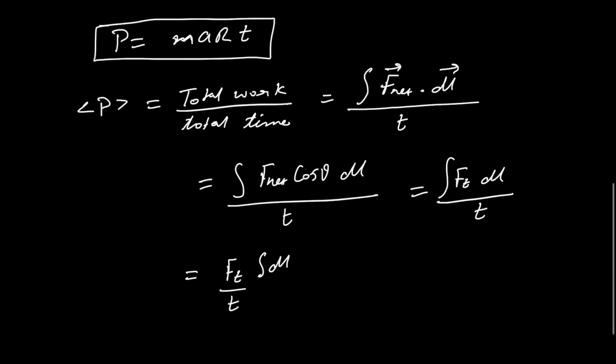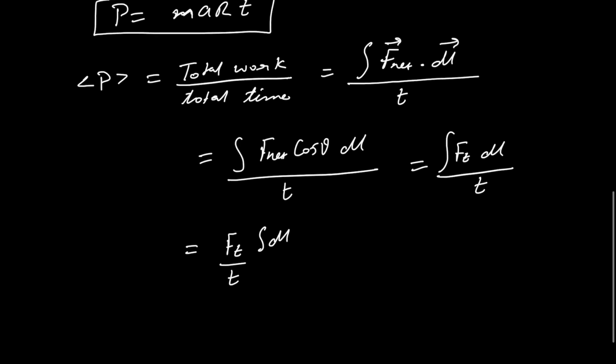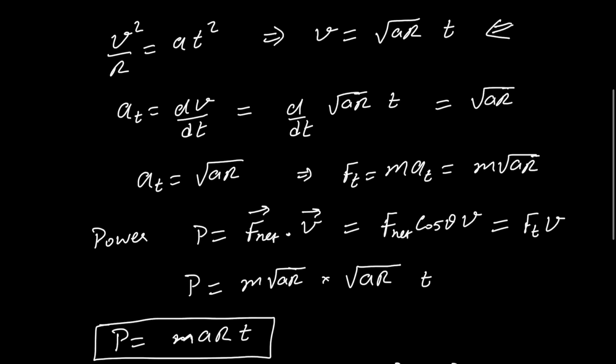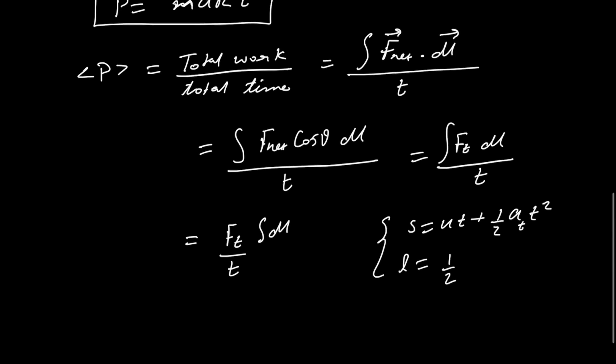You can use the formula S = ut + half a t square, where this a means the rate of change of speed, which is basically tangential acceleration. So this displacement will be L. U was 0. Half tangential acceleration we have just found out to be root a r, so this is root a r and t square.